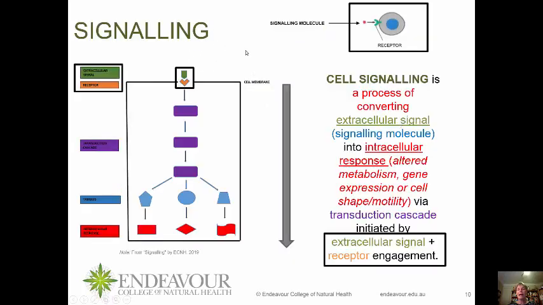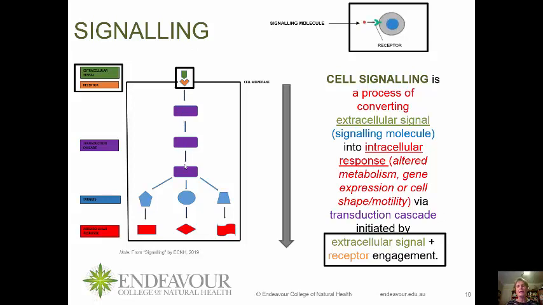When we're talking about how signaling works, we've got the signaling molecule here that's already been released from the signaling cell and it goes and attaches to a receptor. So it's the process of converting an extracellular signal, which is the signaling molecule, which comes in from the exterior, into an intracellular response.